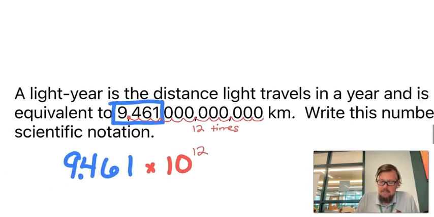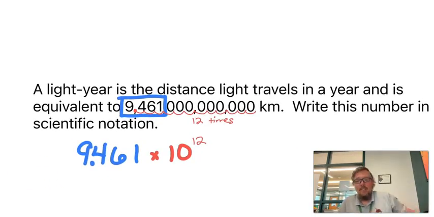So the speed of light, or the distance light travels in a year, written in scientific notation, is 9.461 times 10 to the 12th power.